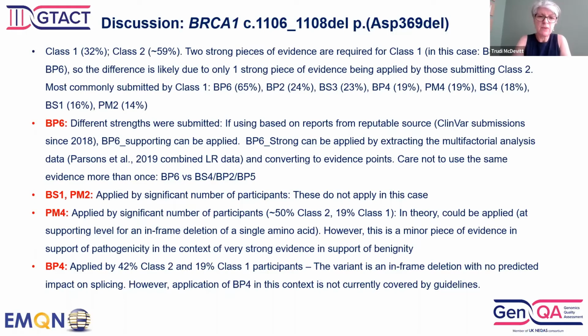And this amino acid at position 369, if you apply the conservation tool, you get 5, and the range is 1 for low conservation and 9 for high. So it's moderately conserved at best, so it wouldn't be appropriate to apply PM4. In addition, applying it at a low supporting level is minor in the background of the very, very strong evidence for benignity for this variant.